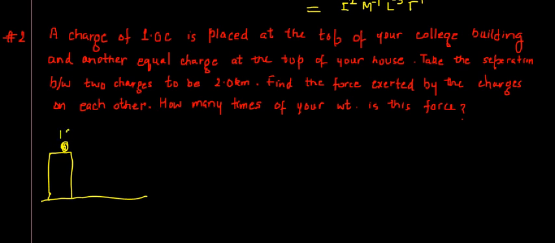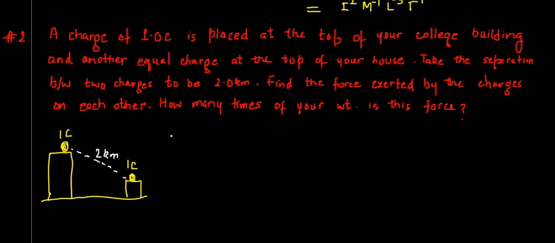Its magnitude is 1 coulomb, and there is a house here and there is a charge kept here also. Its charge is 1 coulomb as well. Take the separation between two charges to be 2 kilometers. The separation between these two charges here is 2 kilometers. Find the force exerted by the charges on each other.